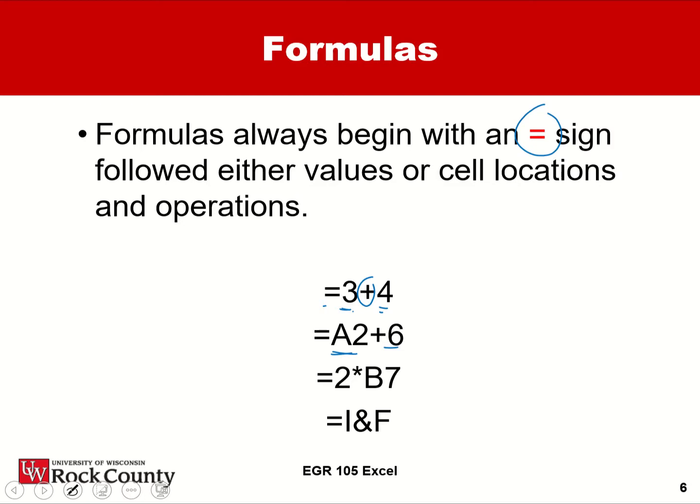Same thing with another one here, you can use multiplication. So it has all these arithmetic operators. This last one's a little odd. It has an I and an F. Those are text, or what we would also call strings, right? And it has this ampersand sign in here, which is a concatenation operation, which we will talk about more in a minute.